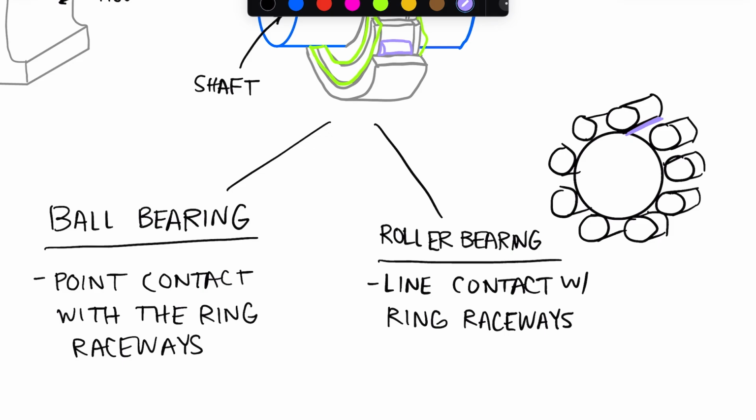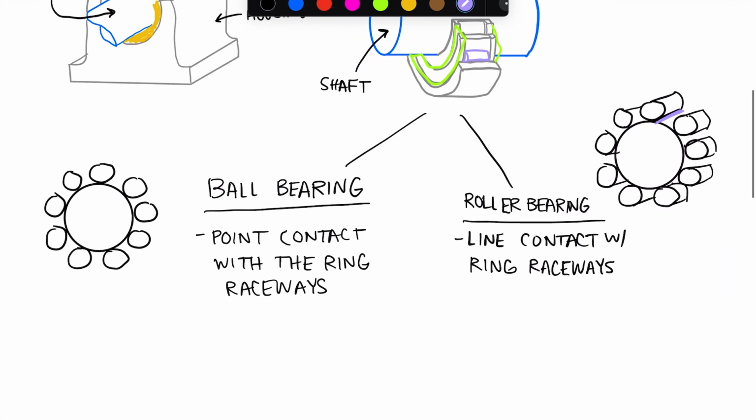And if we have a little bit of deformation, it'll be rectangular. But in any case, you're going to get a line versus a point. You get more contact area with a roller bearing as compared to a ball bearing.